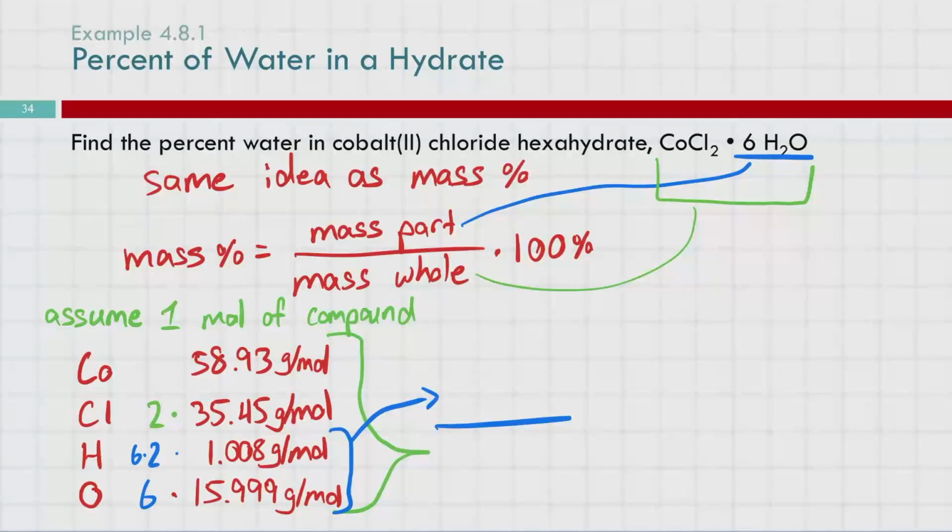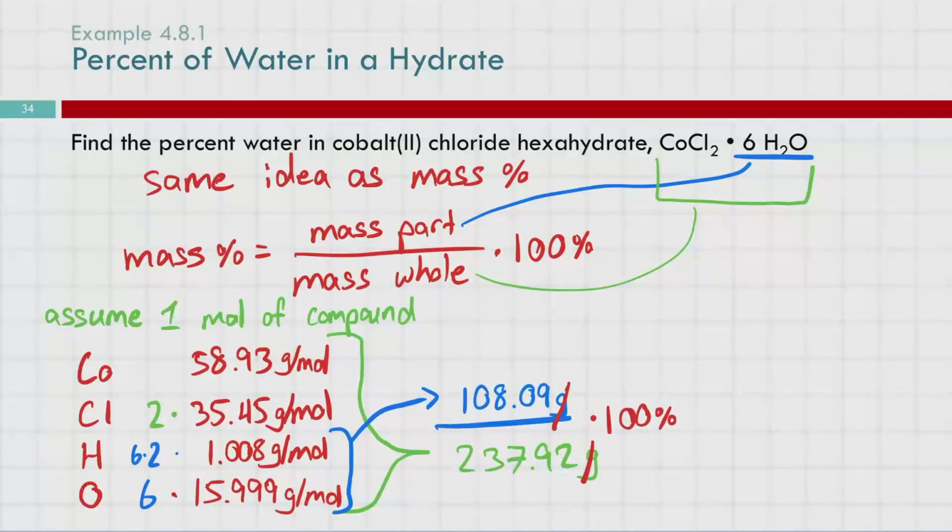So our whole, the entire thing, is 237.92 with units of grams, because we're assuming we've got 1 mole, so that's part of our mole unit. And then for the water by itself, 108.09 grams. Part of the formula is we multiply by 100%.